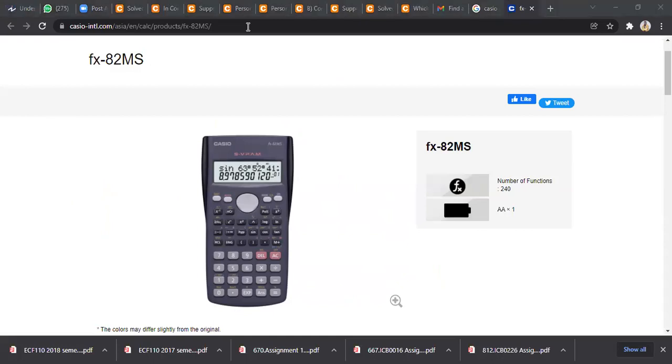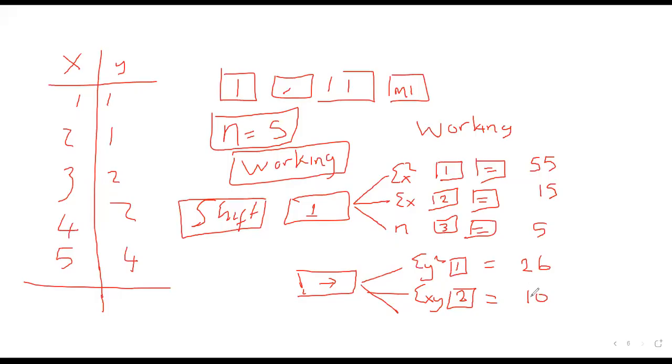All right. So now to get the final answers. For me, the summation of xy is giving me 37. Yes, that's the correct answer. Then summation of y is on 2.